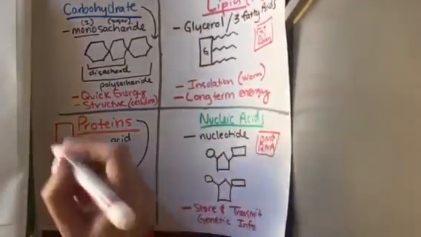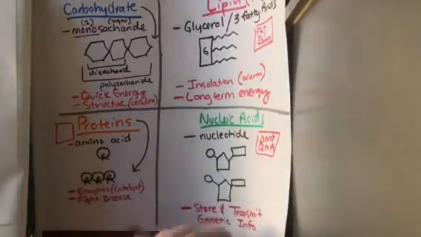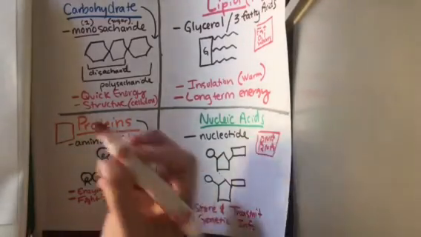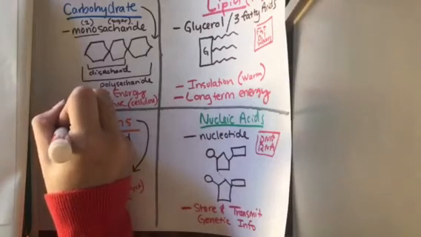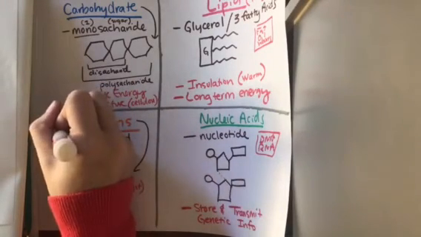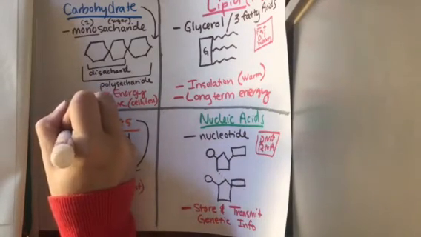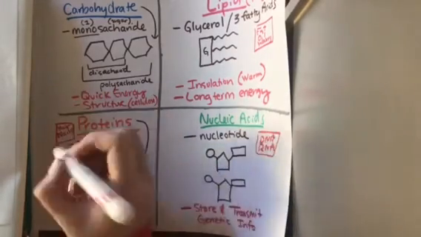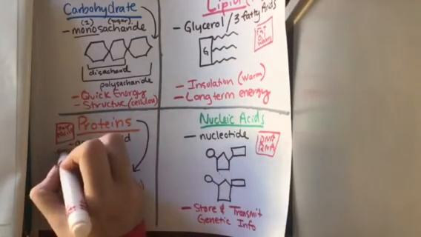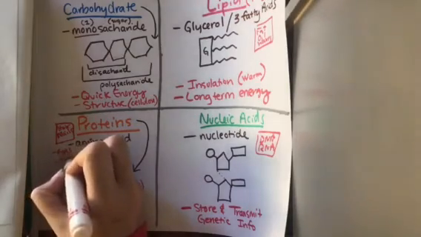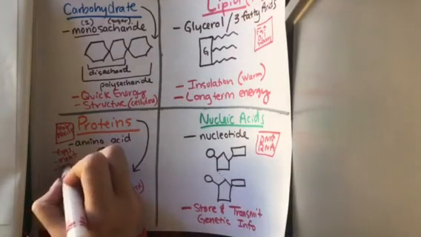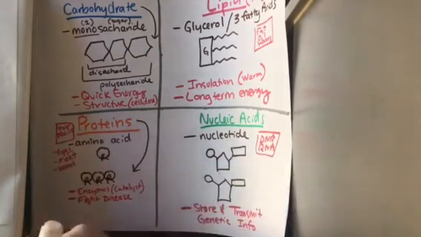So proteins, right? We said enzymes is one example. There's protein in your hair, your fingernails. I'll just say nails. If you're trying to eat a good source of protein, eggs, meat, beans. Those are all really good sources of proteins.